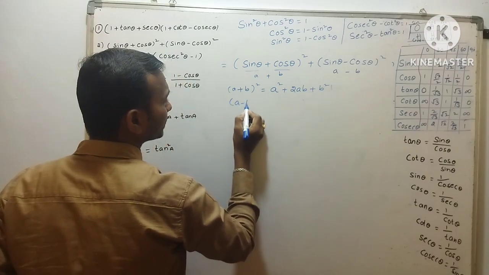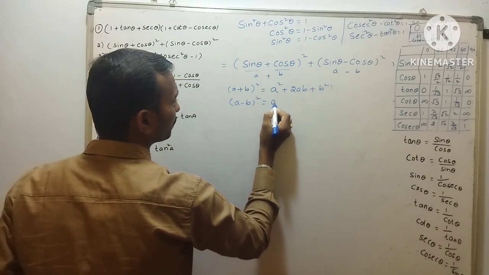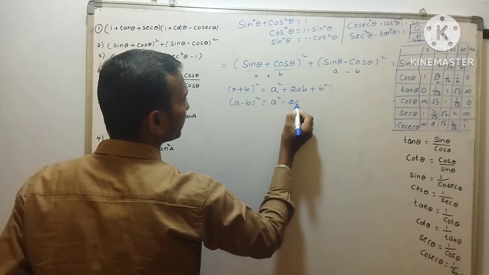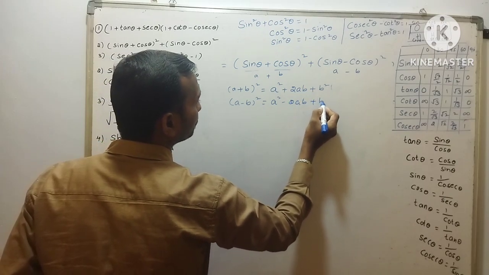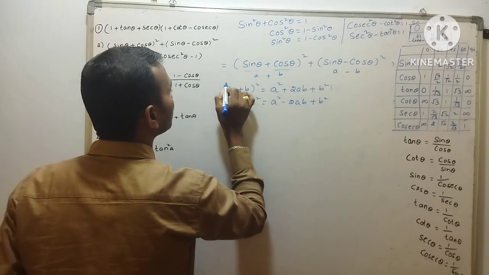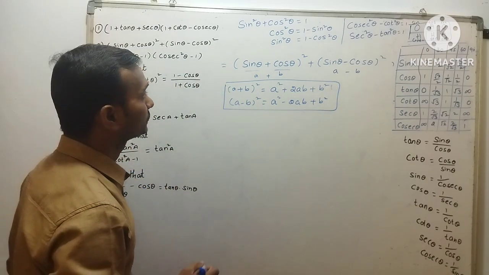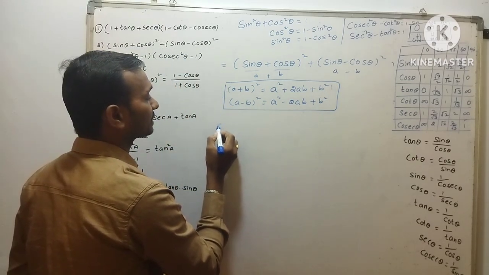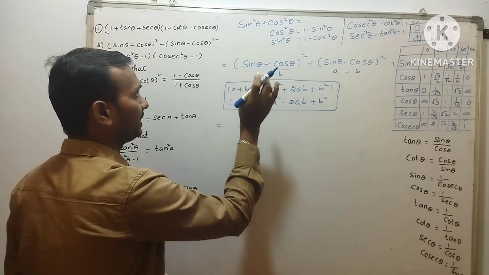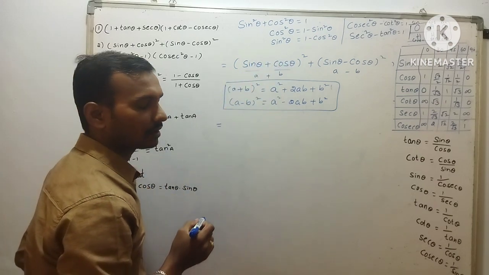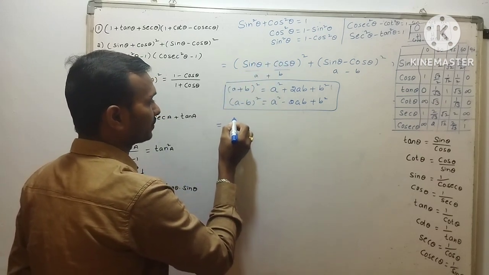A minus b whole square is nothing but a square minus 2ab plus b square. We use these two formulas to solve this question. So now sin theta plus cos theta whole square, a value is nothing but sin theta, b value is nothing but cos theta.